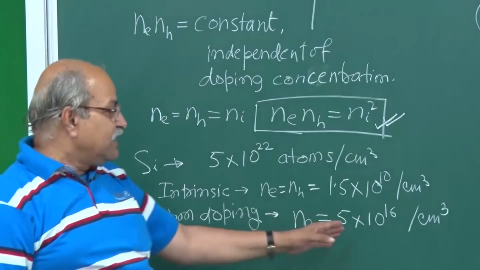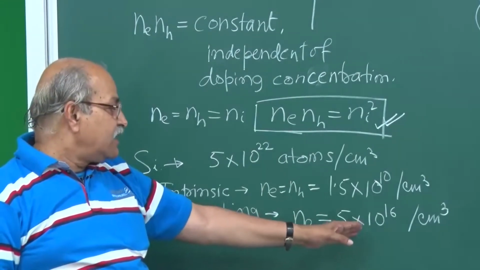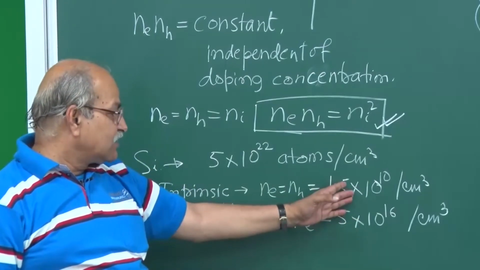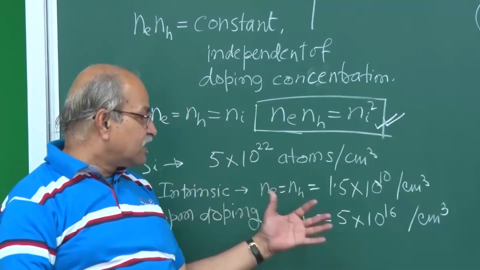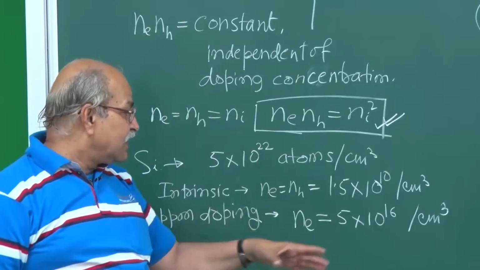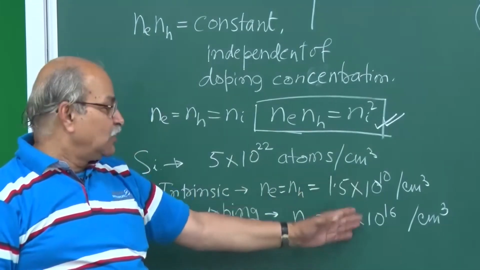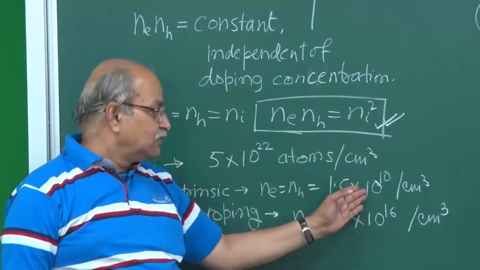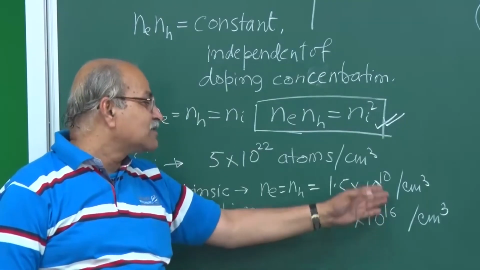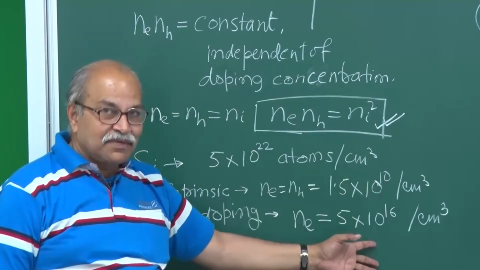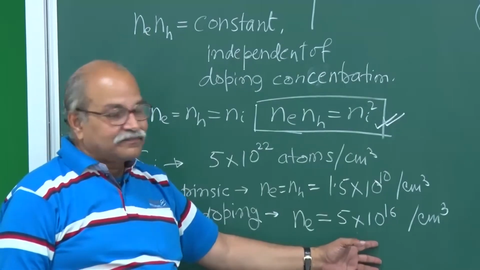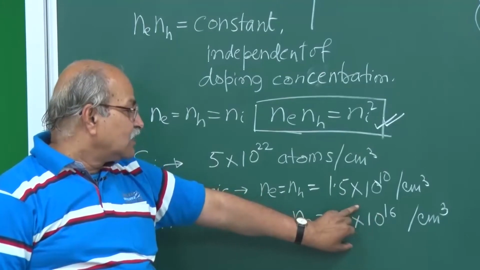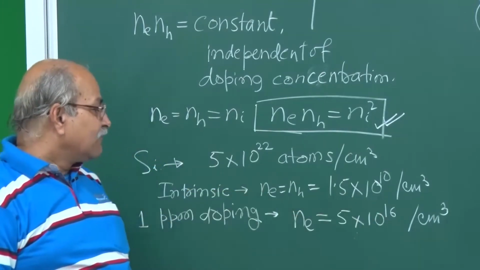So you have put in these many extra electrons, and it is such a large number as compared to the intrinsic one. The total number of electrons per centimeter cube, which you may expect, is this plus this: you are putting this from doping, and this was already there. But 10 to the power 16 plus 10 to the power 10 will still remain 10 to the power 16. Okay, so you can take this as the conduction electron number density after doping.